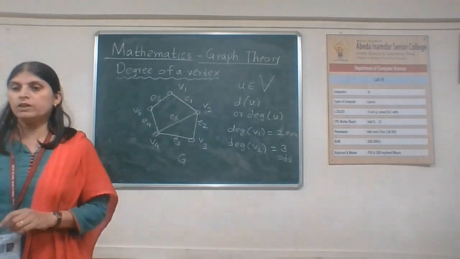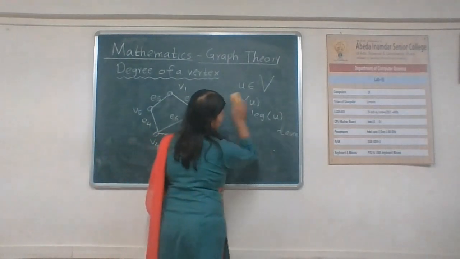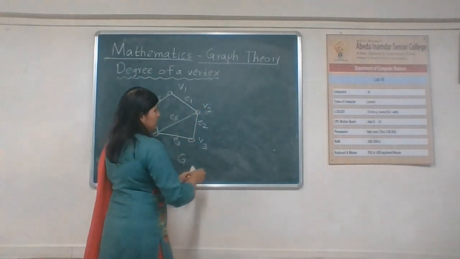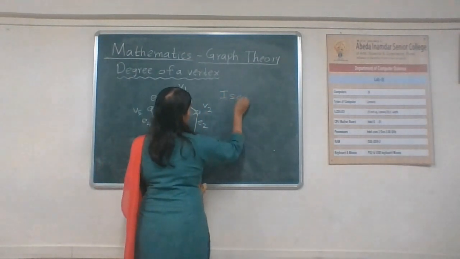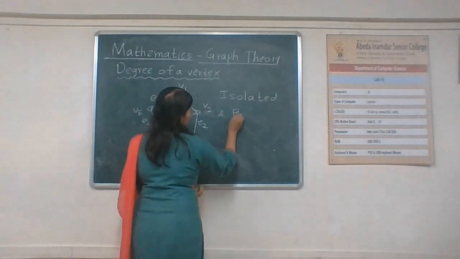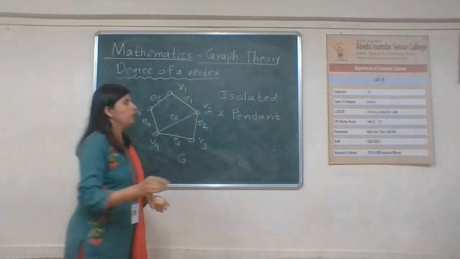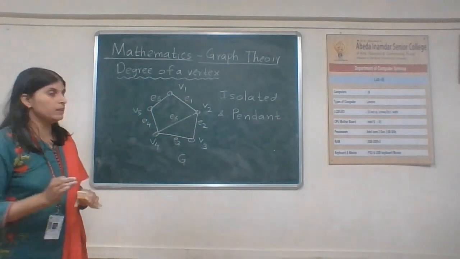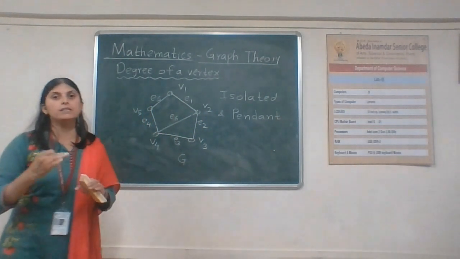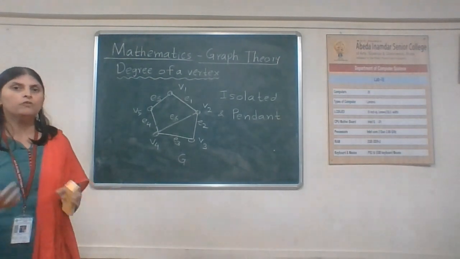Now see what is the meaning of isolated vertex and pendant vertex. The meaning of isolated is separate. Similar to that, the vertex which is separated means it is not connected to any of the vertices.